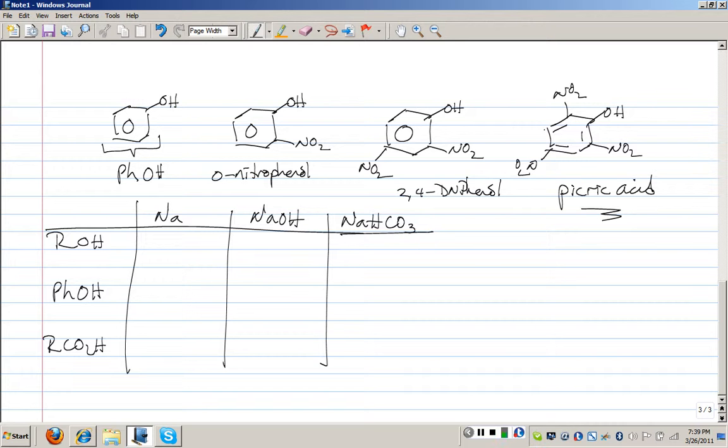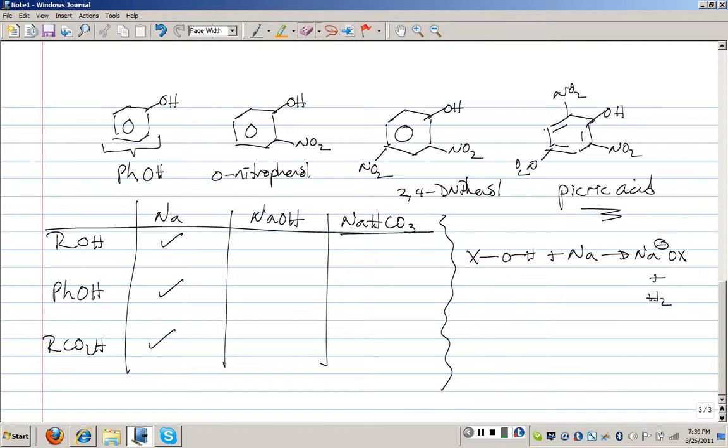So with alcohols, phenols, and carboxylic acids, if I place them in contact with sodium, I'm going to get a very violent reaction. And the idea is that any compound, I'm going to say X with a hydroxy group, will react with sodium to give rise to the sodium XO minus and hydrogen gas.